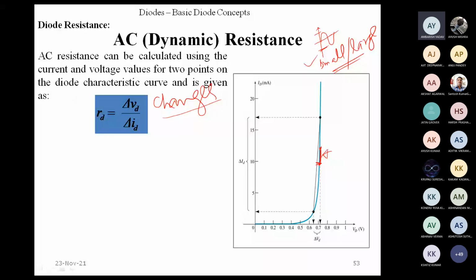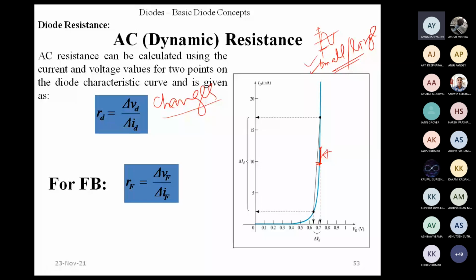This definition is more generally accepted when the input signal is small, that is, when there is a small change in VD, then there is a small resulting change in current. That's the idea.